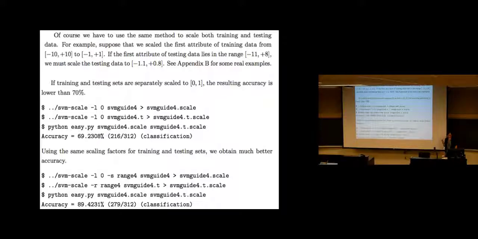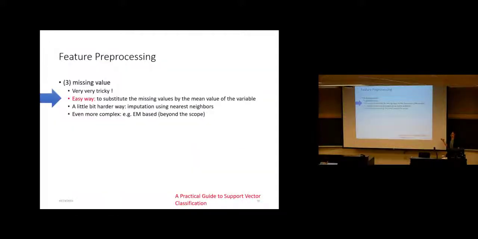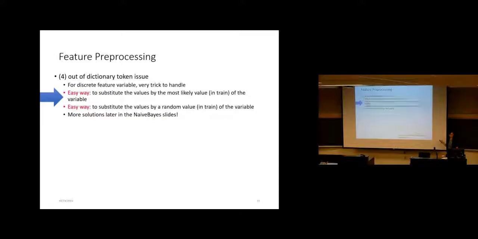It's already 15:18. For missing values, you can just do frequent value substitution, or use the mean value. There are a lot of tricks. There are also out of dictionary tokens. If it's a categorical variable, there may be a value that's not in your dictionary, meaning your training data has maybe 3 or 4 cases, but in your test data there's one extra symbol in that feature that never happened in your training data, which means your training library doesn't even know what it is.